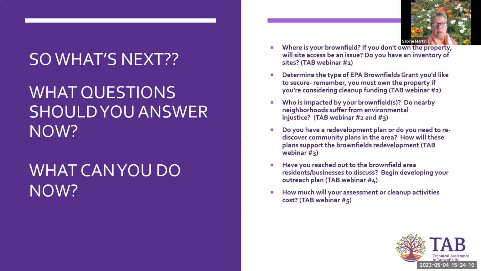But really the prep work: align your partners, talk to people, get to know your community if you don't yet. Talk to site owners. Are they willing to participate or not? Some may need some persuading. You need to be able to tell them the benefits of all this. What is in it for them? What's in it for the community? That kind of stuff. So that's what I think you can do now.